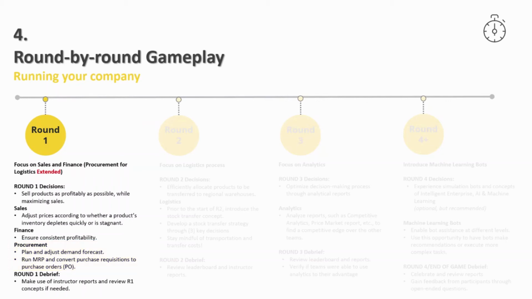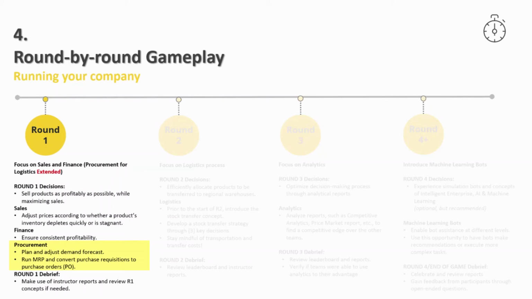Note that the instructor is likely the best person to judge the participants' background and capabilities, and the delivery of the simulation should be adapted to their specific profiles, which may include introducing concepts earlier or later in the rounds. As mentioned earlier, the individual in charge of procurement must be aware of the current inventory levels when adjusting the forecast.